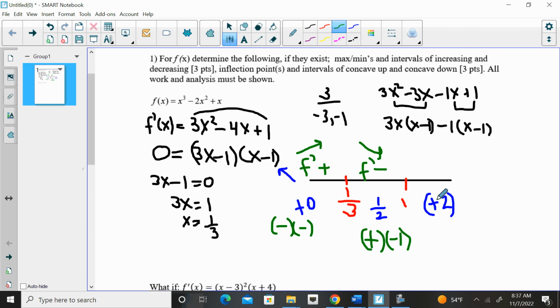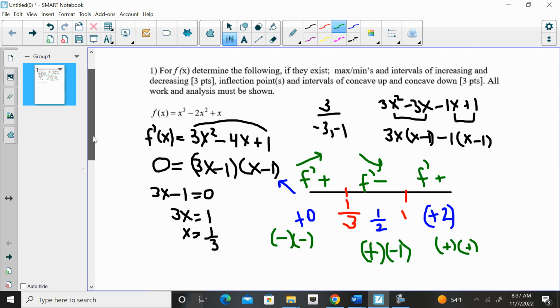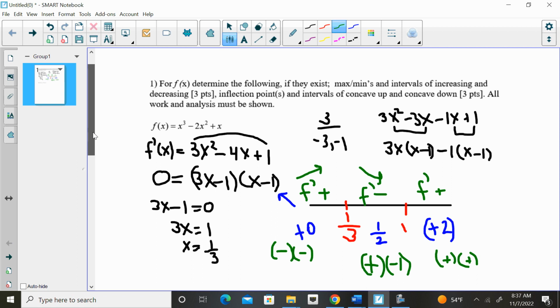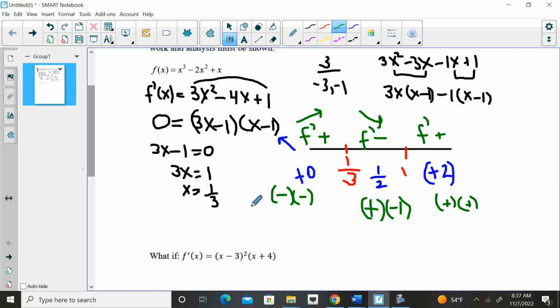And then let's test 2. That's pretty easy. 6 minus 1, 2 minus 1, those are both positives. So I'm going to get a positive. Then I can answer the first part of this question, which is where's my function increasing, decreasing? Where's my max?